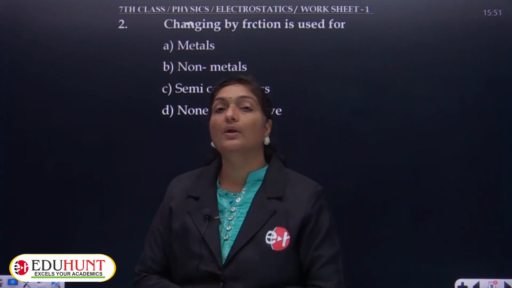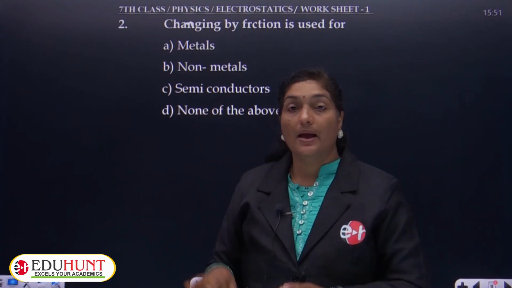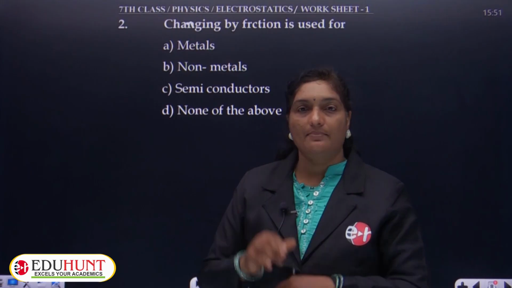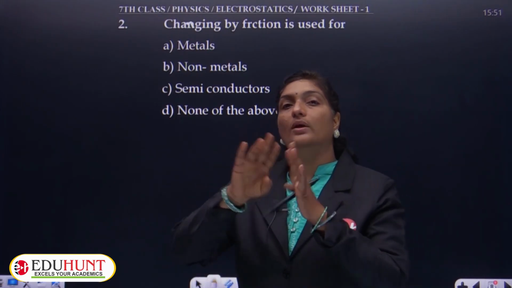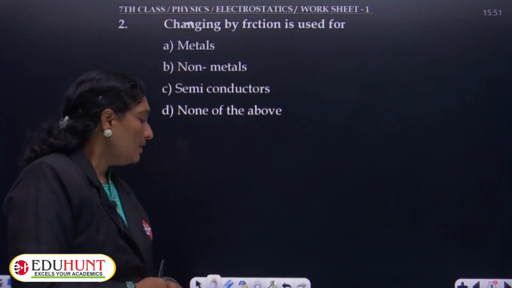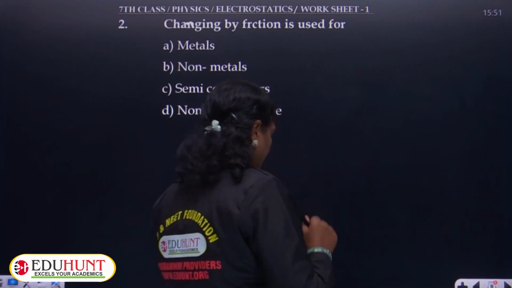But if you consider metals as well as non-metals, inside a metal the charge can also be accumulated, whereas for a non-metal it lies only on the surface of the body. So within the body and on the body makes a difference.